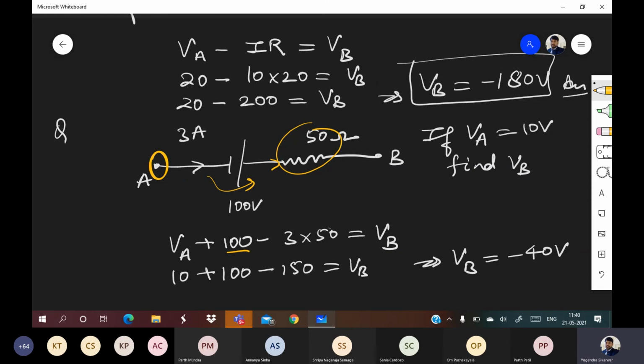IR. So I is 3, R is 50. So this much will be the drop, and then you are reaching point B. That will be VB. So 10 plus 100 minus 150 is equal to VB. So VB comes out to be minus 40 volt.